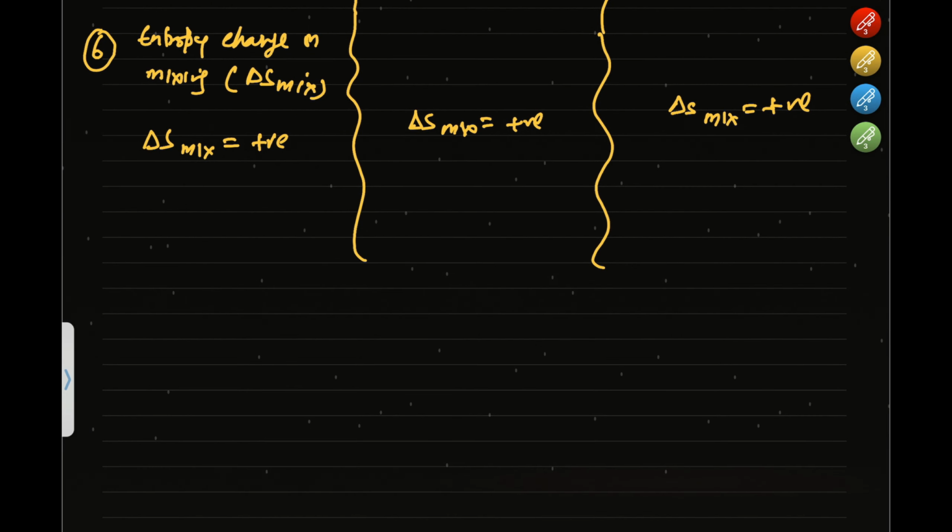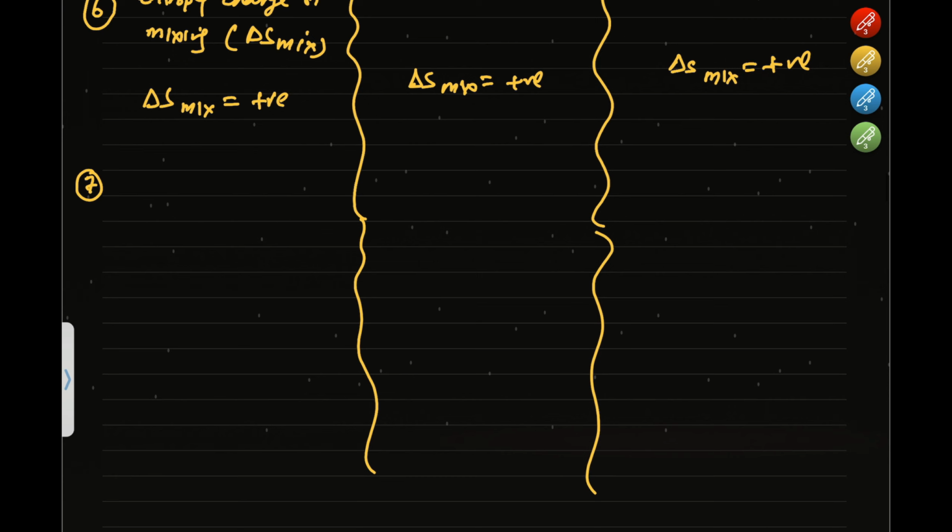Okay, our next point is a very important point: the examples of ideal solution, positive deviation and negative deviation. We have to learn all these examples because they have been asked several times in your board exam.